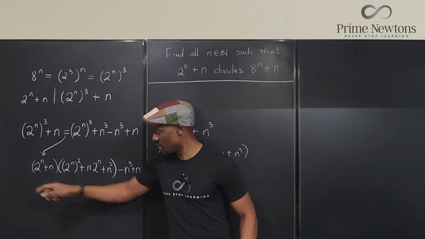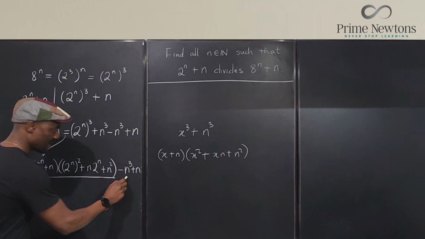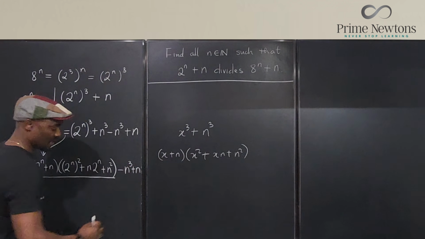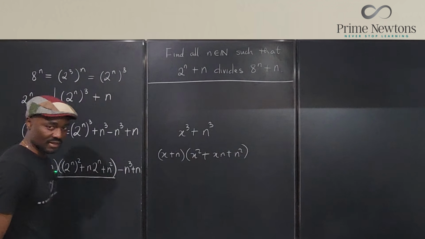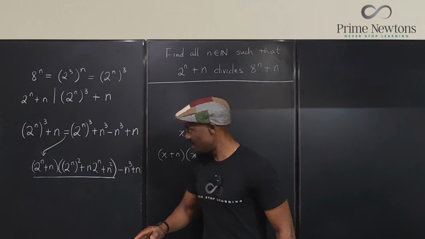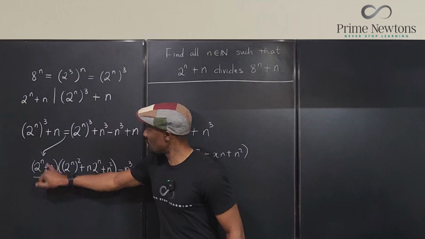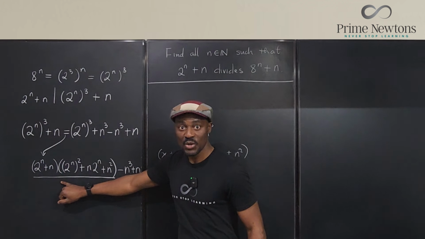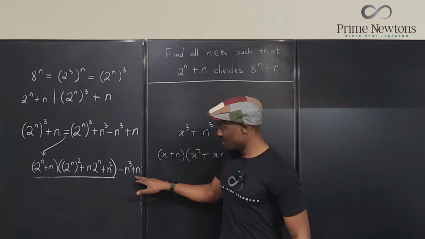There is one term here. This whole thing is a single term. And we can actually put this together later. It doesn't matter. But I want you to see clearly that 2 to the n plus n is here. So it means this will divide this, which means that this has to divide the second portion.